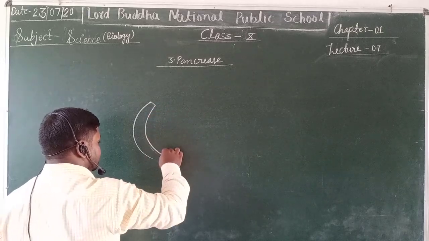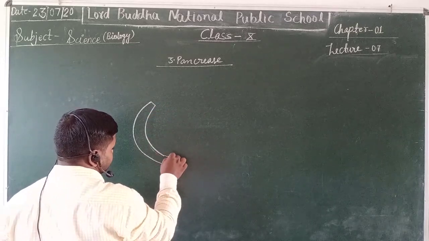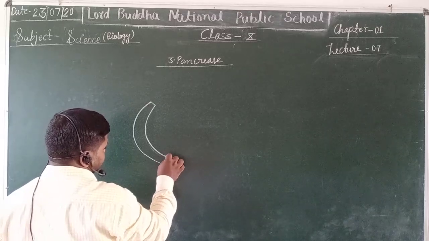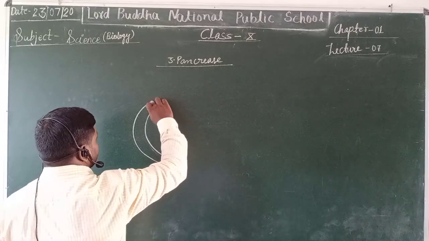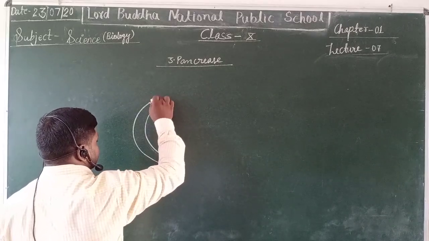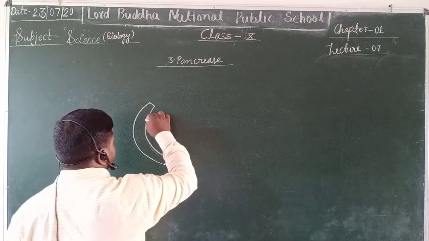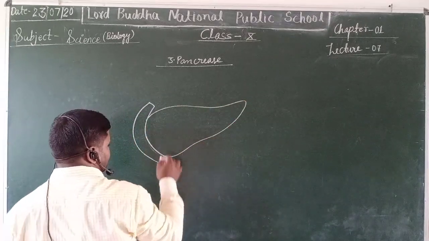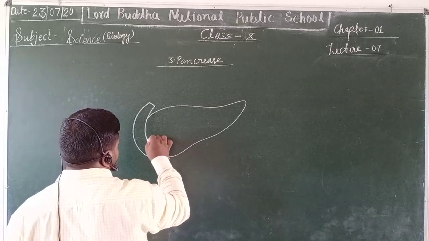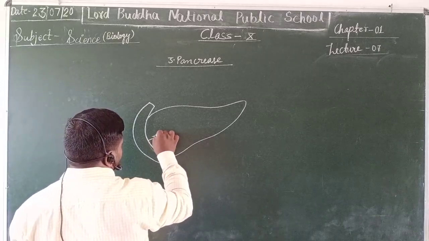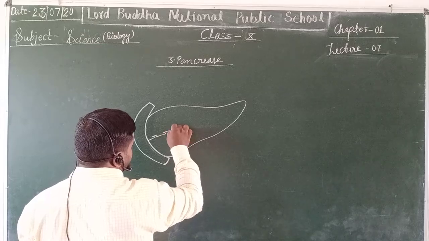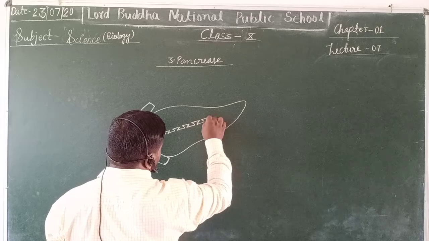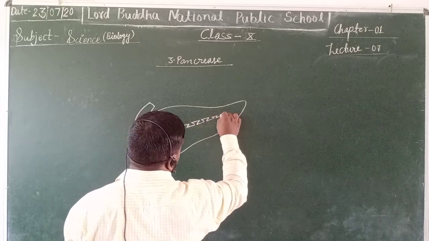This fish-shaped gland is present just above the duodenum, and it is a mixed gland because it possesses both exocrine as well as endocrine parts.